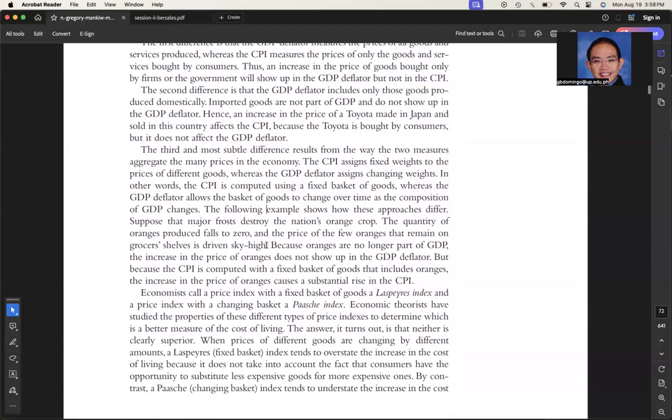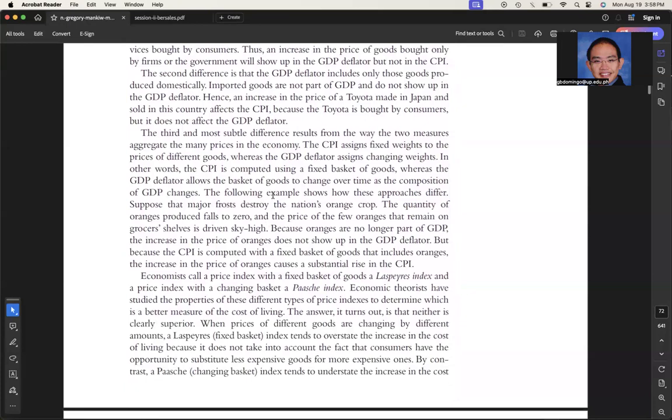So you can imagine a situation where the CPI, because it has a fixed basket, can overstate the amount of inflation. Typically, when prices of some goods go up, you will substitute towards a substitute, and therefore the weights should really change depending on what's going on with the quantities.